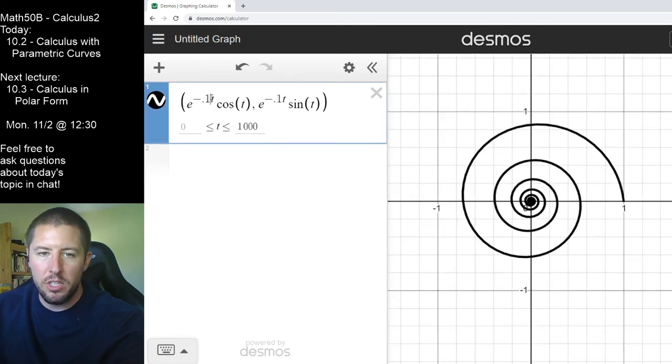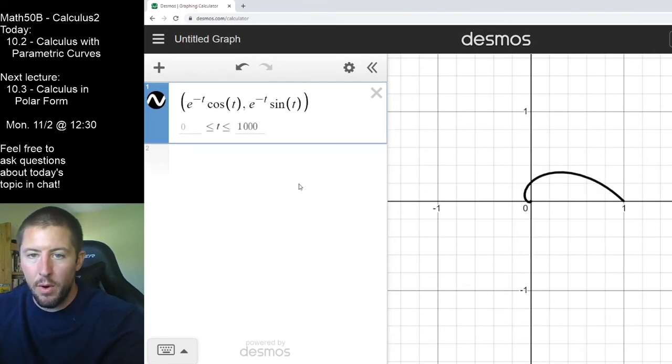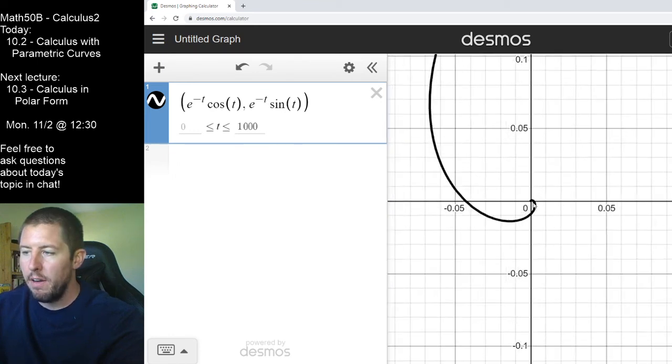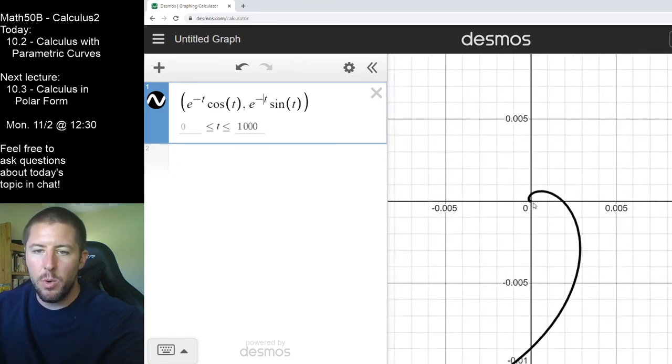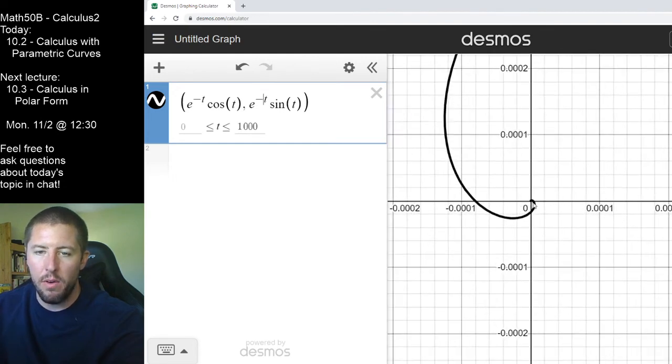So I'm going to just chop these back off just because I want my calculus to be easier. This is still a spiral, right? And here our spiral is decaying in one direction, but not the other. Here now we're back to being a spiral. This is a much more extreme spiral because it's decaying in radius much quicker, but you can see we're still doing this action where we're in a sense decaying towards the origin with our radius, right?